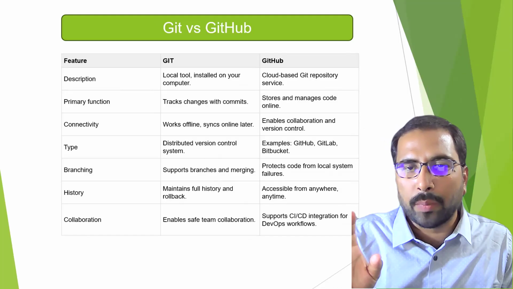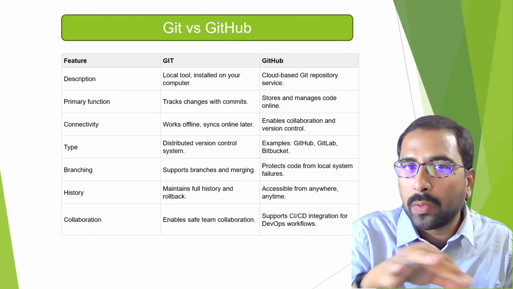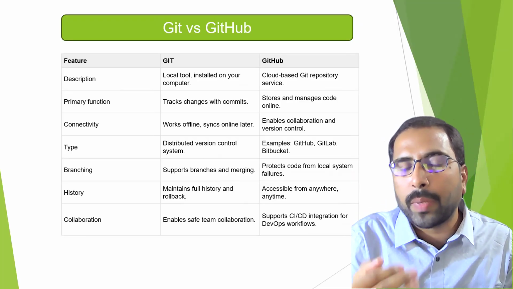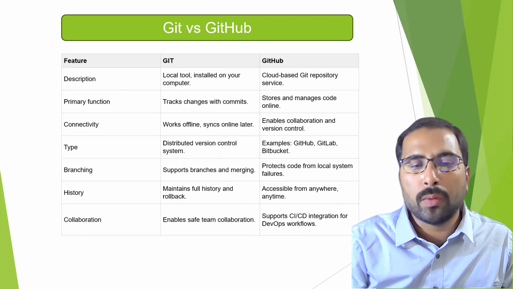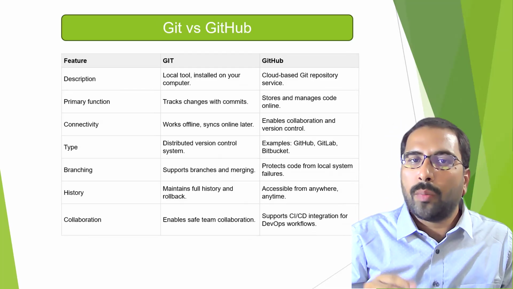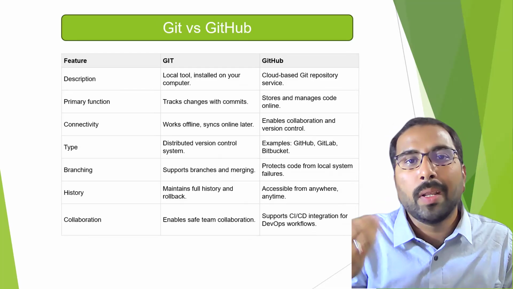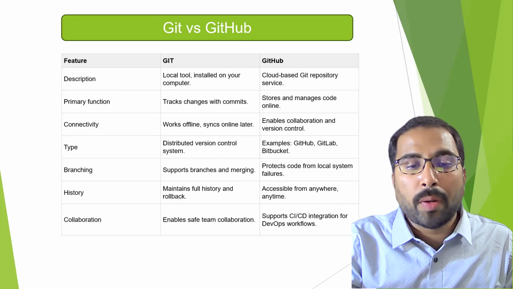You don't require the third commit, so you want to revert back from the third commit to the second commit, because the second commit code is working well. So you simply roll back, from the higher version code to the lower version code, commit 3 to commit 2. You might get a little bit confused, but once I show you the lab and these examples again, you can understand easily.